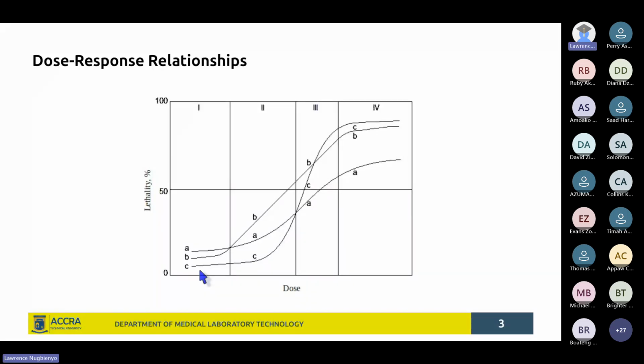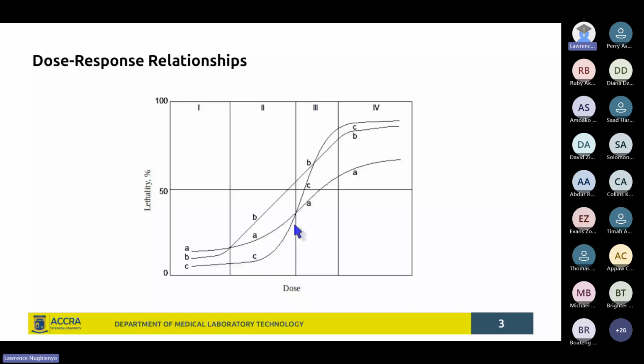In region 1, you see that the effect of the substances are not the same. You rather see that the effect of substance B becomes more than the effect of substance A, and then followed by substance C.